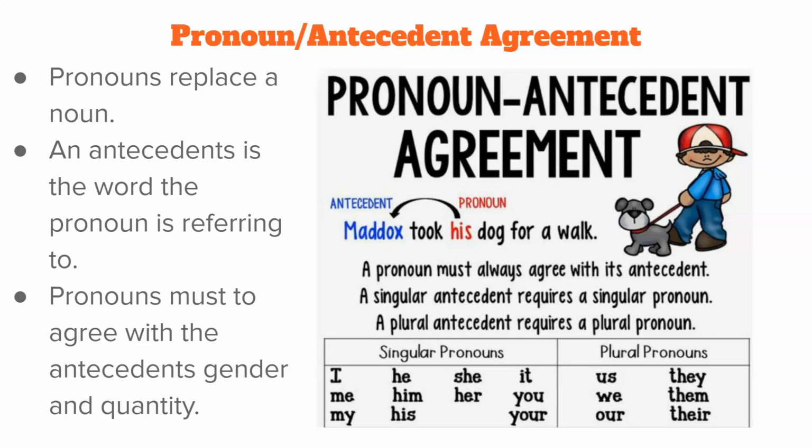Or if the sentence said Maddox and Michelle took their dog for a walk, it wouldn't make sense if the student said Maddox and Michelle took us dog for a walk, but that's something you would hear an English language learner, or even a young student, make as an error. And it's a simple correction.